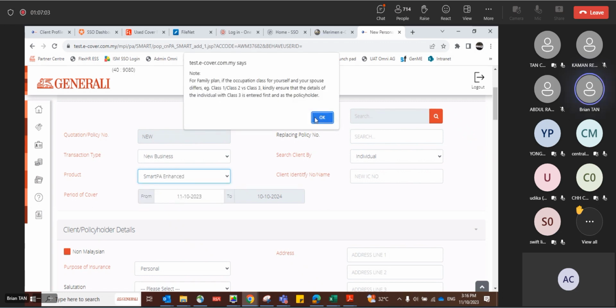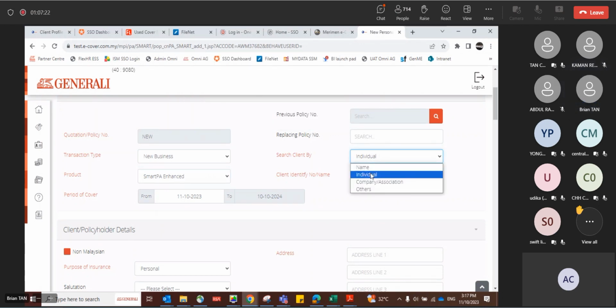You will see the new note come out for family plan. If the occupation class for yourself and your spouse is different, you have to ensure the details of the individual with class 3 is entered first as the policy holder.